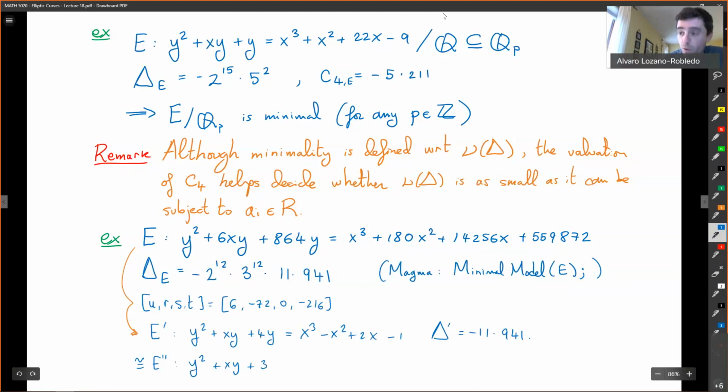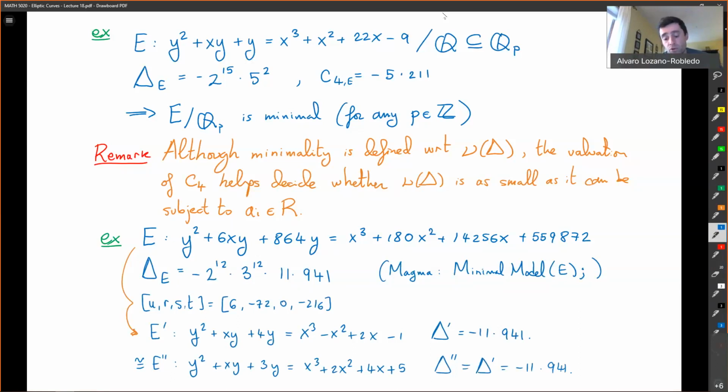This equation is actually also isomorphic to the one above, and the discriminant is actually the same number. So they are both minimal at all primes. There are two different Weierstrass models for my equation that are both minimal at all primes. So the minimal model is not unique. It's just the smallest valuation of the discriminant that is unique here.